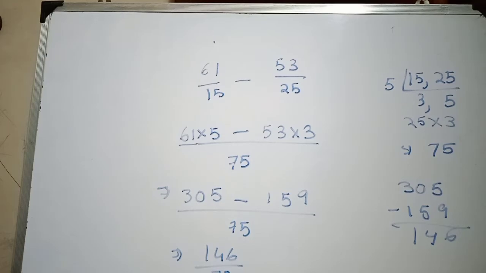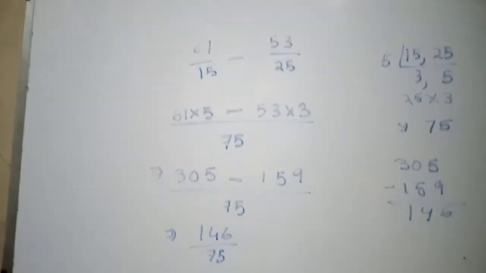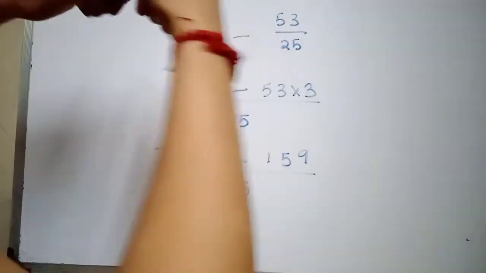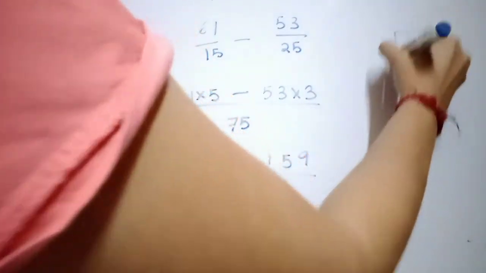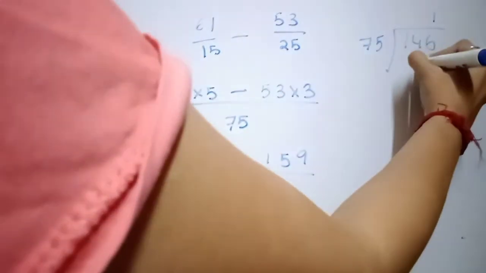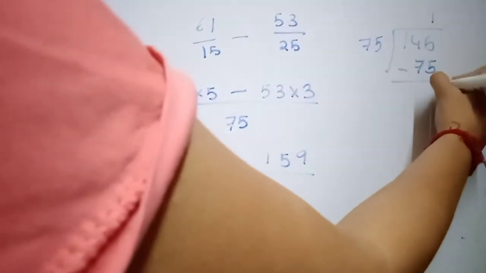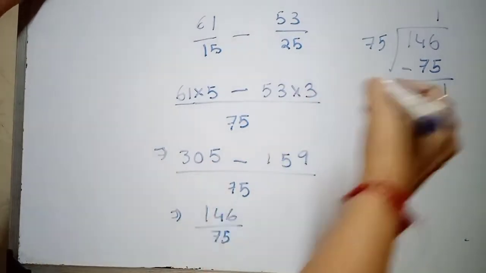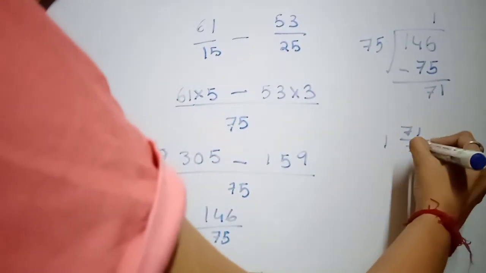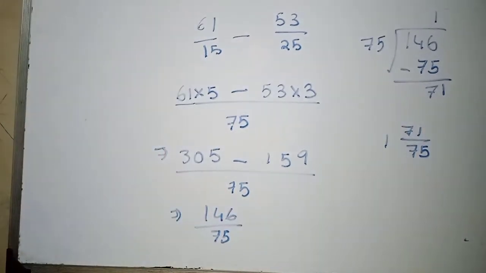I can convert this answer into a mixed fraction also, like the previous way. I will divide 146 by 75. So I will get 1 whole 71 by 75. This will be our answer.